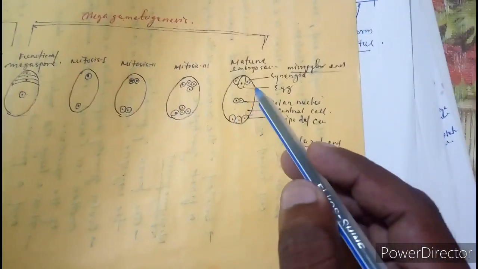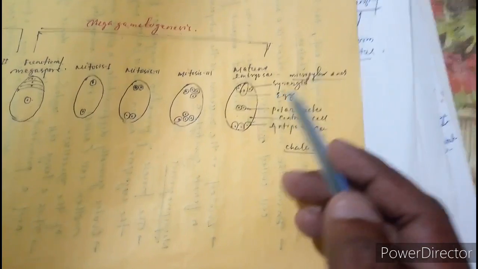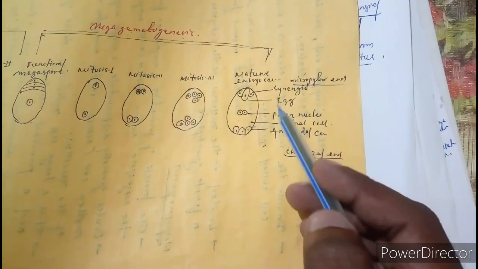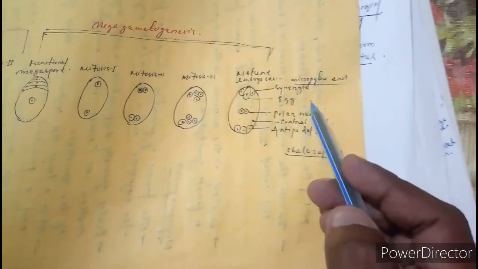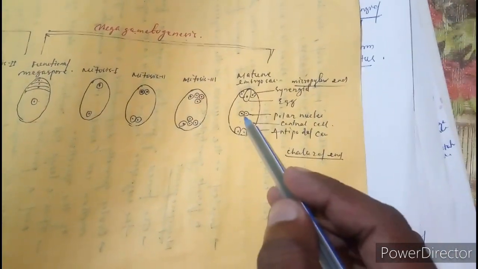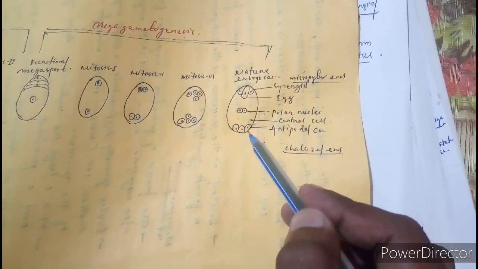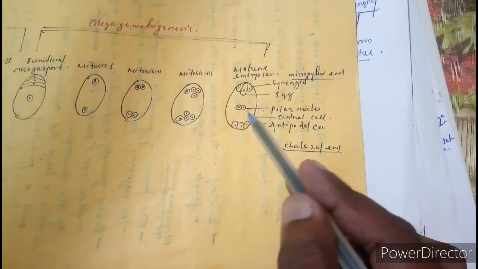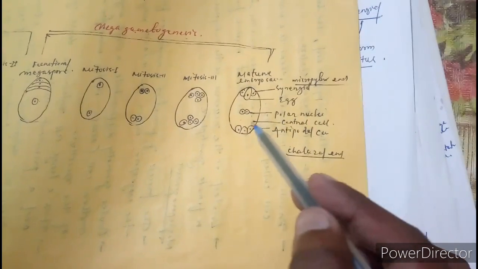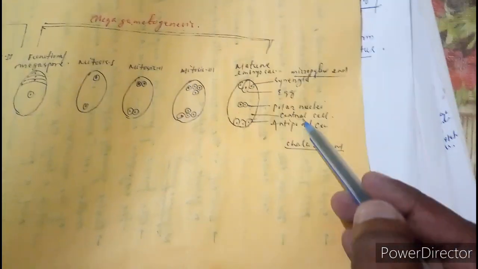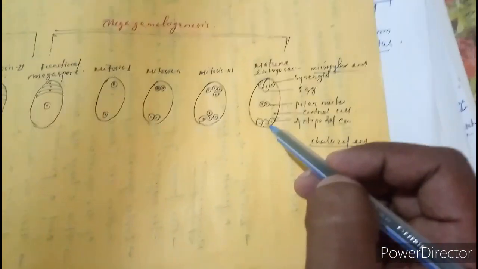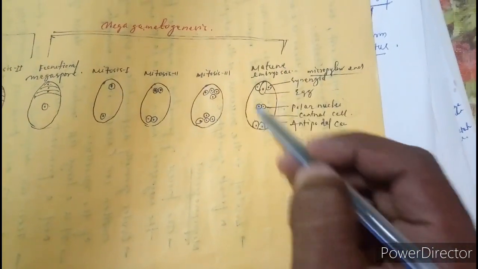Out of the 8 cells, 3 cells towards the micropylar end form the egg apparatus. Synergids and egg are both termed the egg apparatus, and 3 towards the chalazal end form the antipodal cells, and 2 towards the center form the polar nuclei, and here will be the central cell. This is the structure of the mature embryo sac.